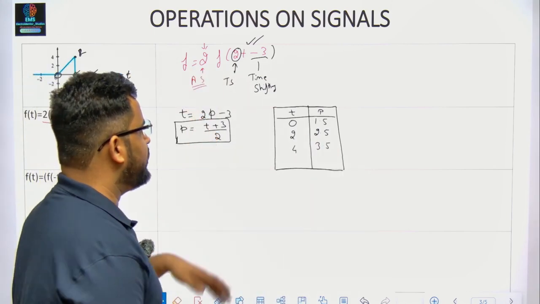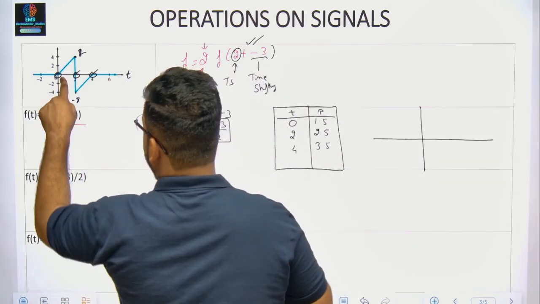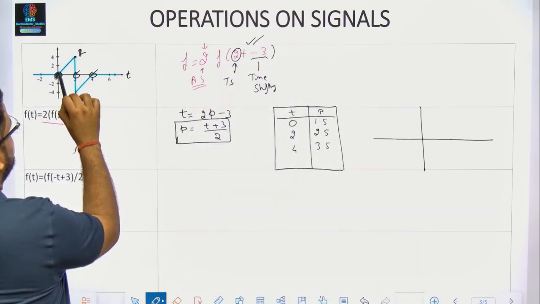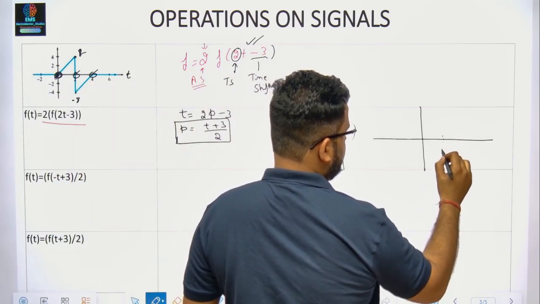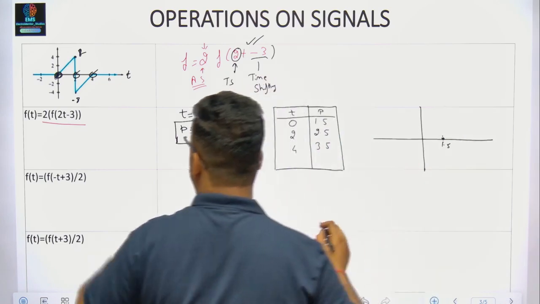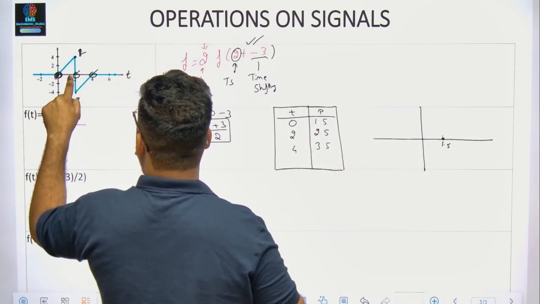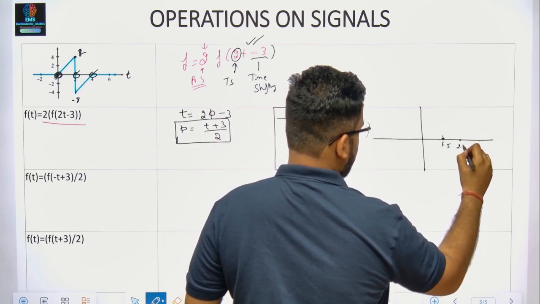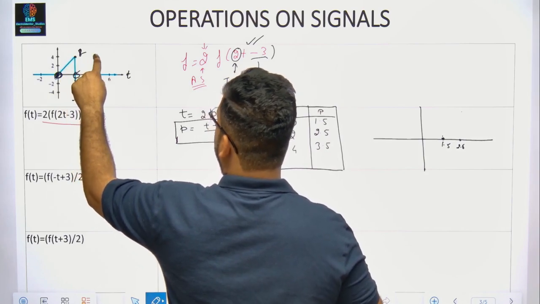Now simply what you have to do is get the same graph. What is at t is equal to 0? Plot it at 1.5. So let's say this point is 1.5. We have got the first point. We are going to match the 0 to this 1.5. What is at 2 will be matched to 2.5. So what was at 2? At 2 the value was 4.